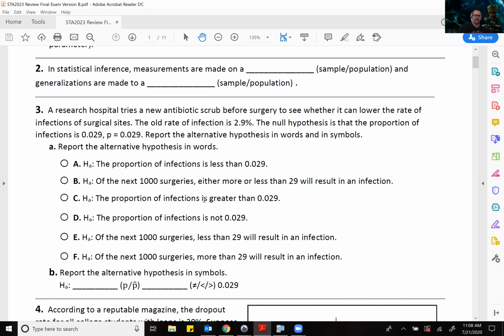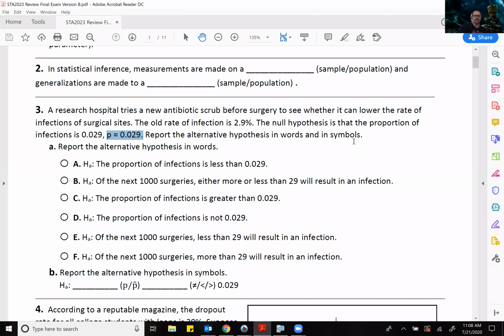So right there, this piece where it says P equals 0.029, that's the null hypothesis. This is H naught. So they want us to report the alternative hypothesis to this.